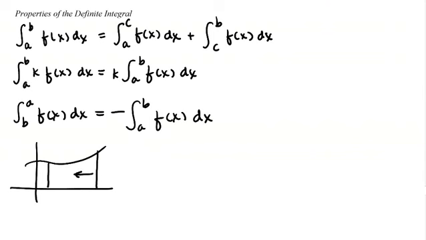But you can also think about it as delta x, which is usually equal to b minus a divided by n, the number of rectangles that we're going to take. If we go the opposite way, it would be a minus b, which would be a negative number. Delta x would be negative each time, and so you would end up with the negative of what you had before. So that's one way of thinking about it, but we'll have some more.